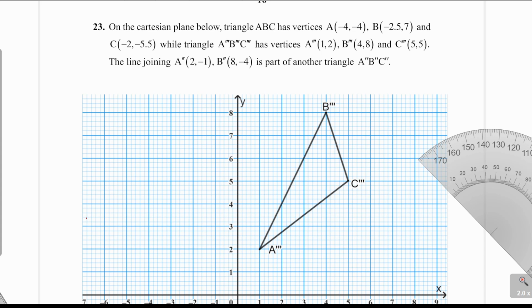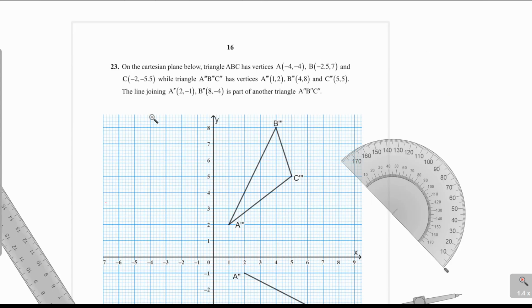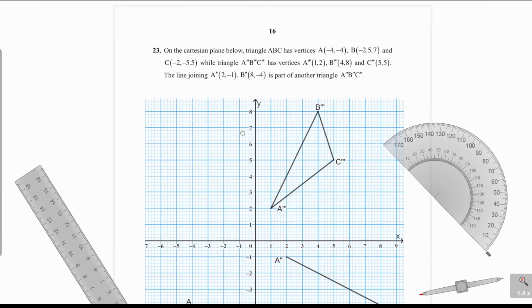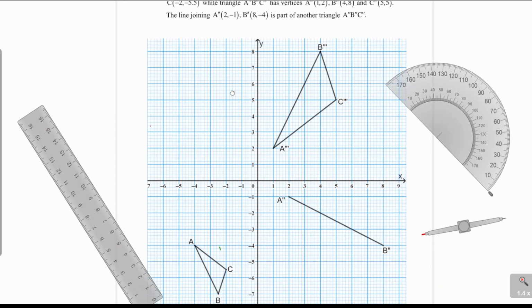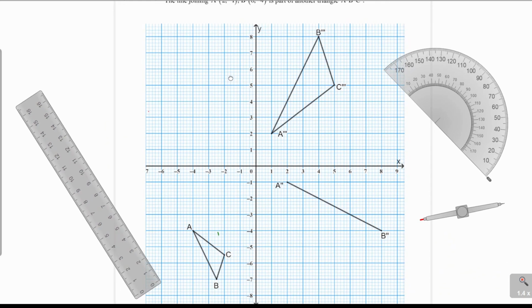The line joining A double prime (2, -1), B double prime (8, -4) is part of another triangle A double prime, B double prime, C double prime. So you can see it is here. So the diagram is here. So you can see the figure, it is here.